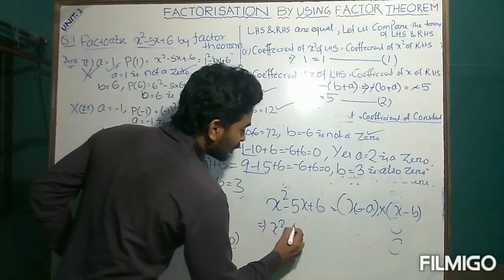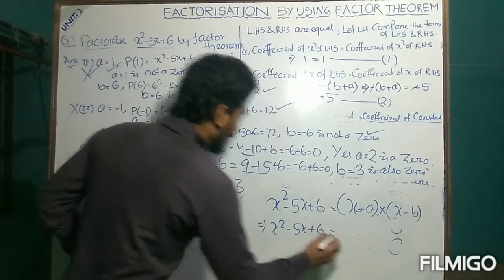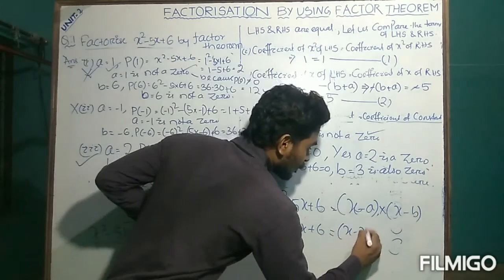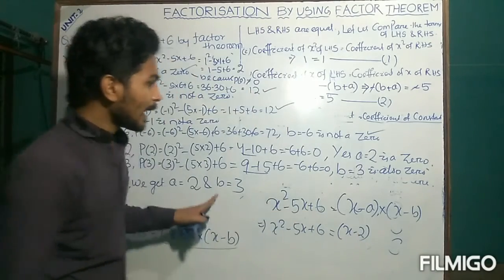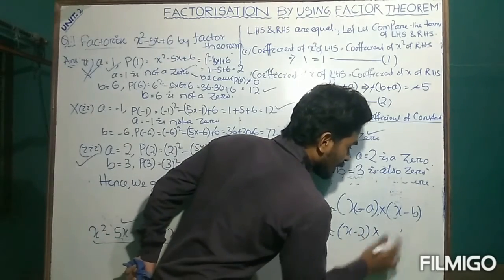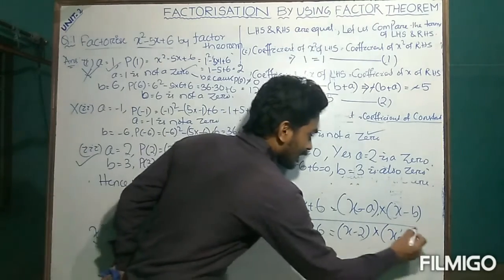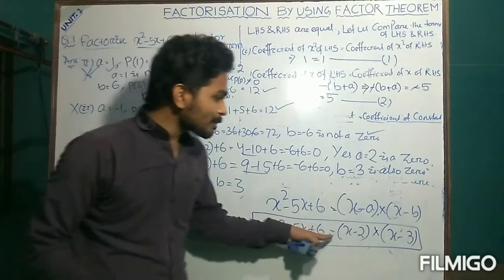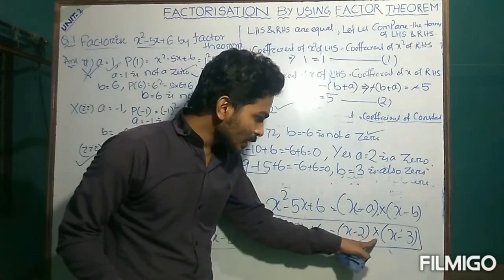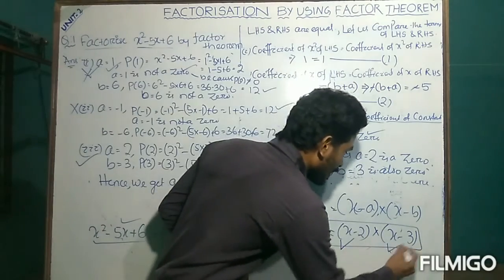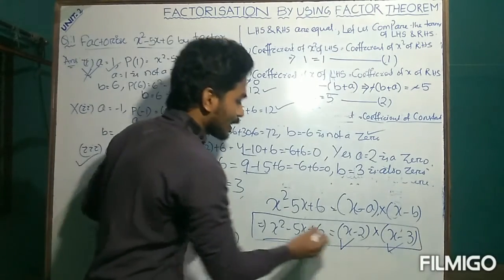Now we get the value of a to be 2, so just put the value of a there and the value of b there, and at last you get x square minus 5x plus 6 can be written as the product of x minus 2 into x minus 3. These are the two linear polynomials and this is the quadratic polynomial.